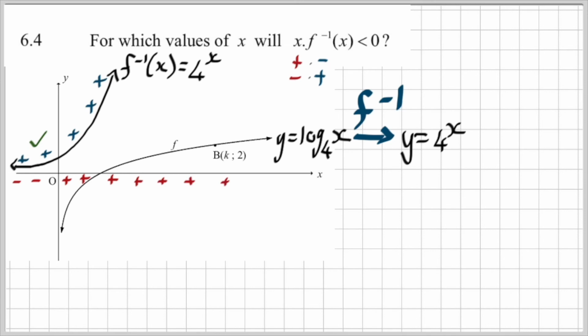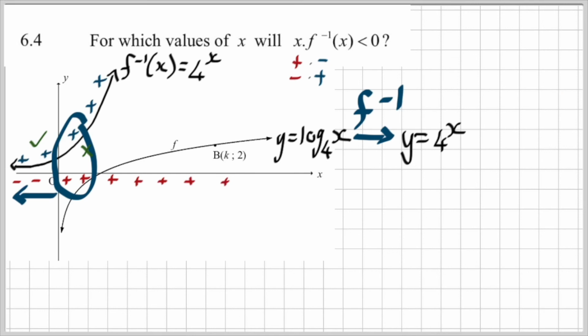On the right-hand side of 0, I've got a positive times by a positive there. Is that what I'm looking for? No, it isn't. So this means that the left-hand side of 0 works out.